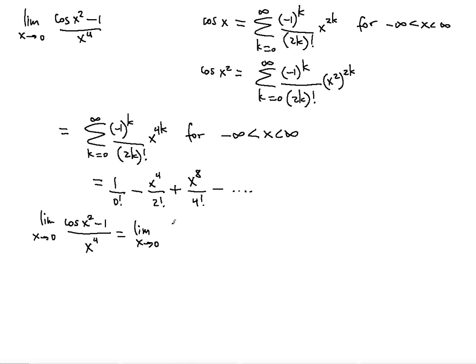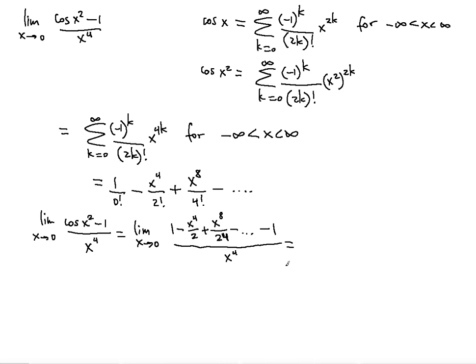So 1 over 0 factorial is 1, so 1 minus x to the fourth over 2 plus x to the 8th over 24, minus etc., then minus 1, over x to the fourth.